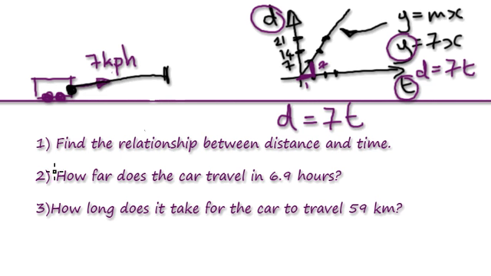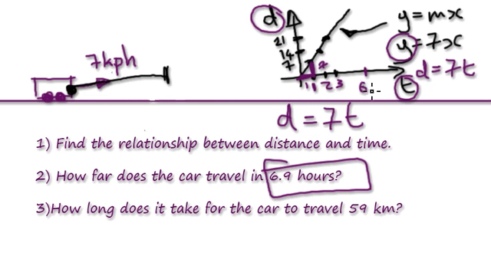Now, how far would the car travel in 6.9 hours? Well, 1 is here, 2 is here, 3 is here, and so on. I don't care where 6.9 would be, but basically if you put this into the t here, that will give you the distance. So it's 7 times 6.9.